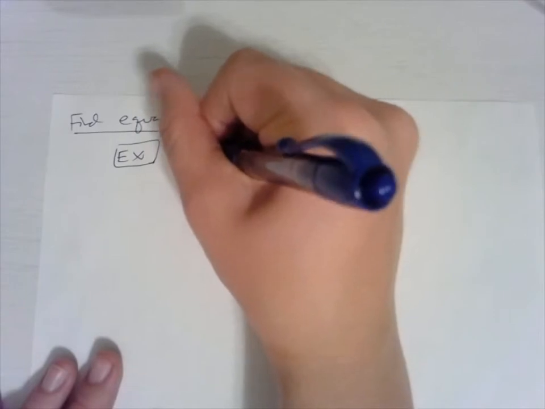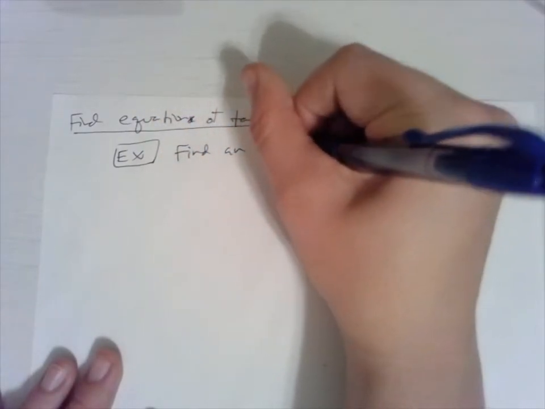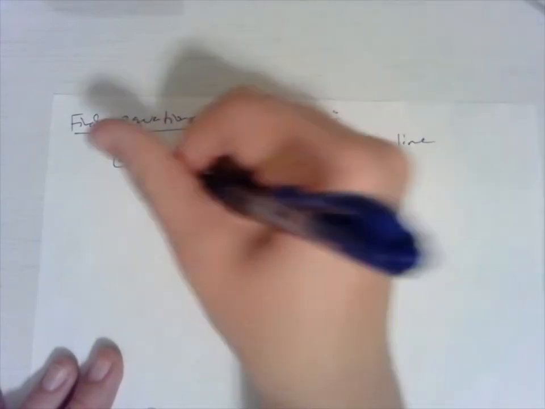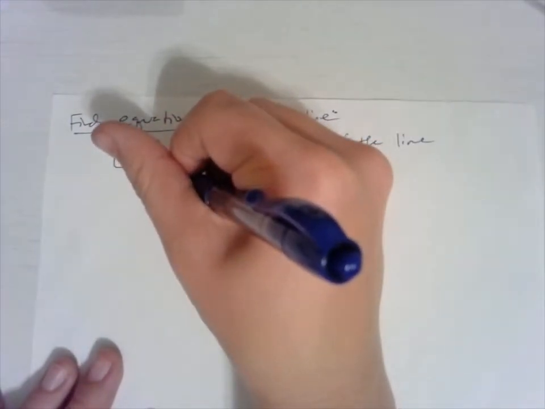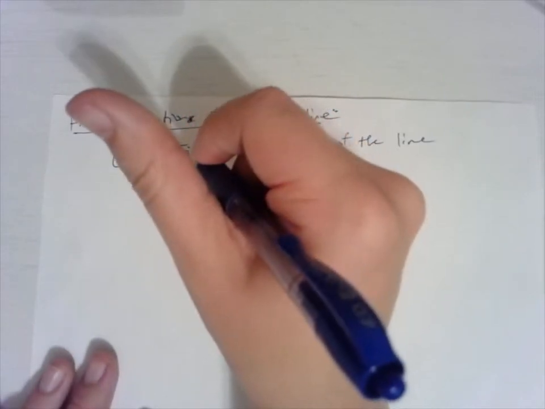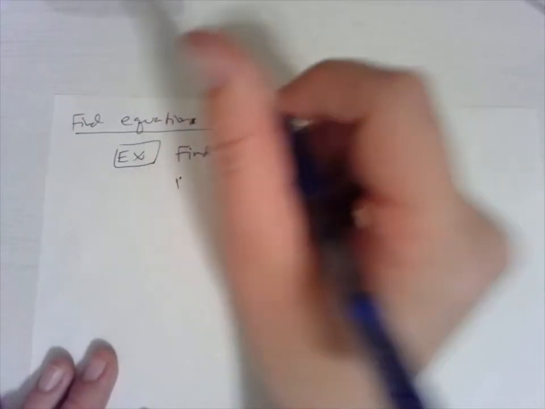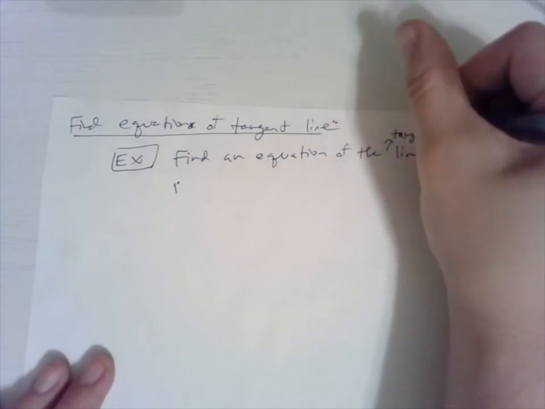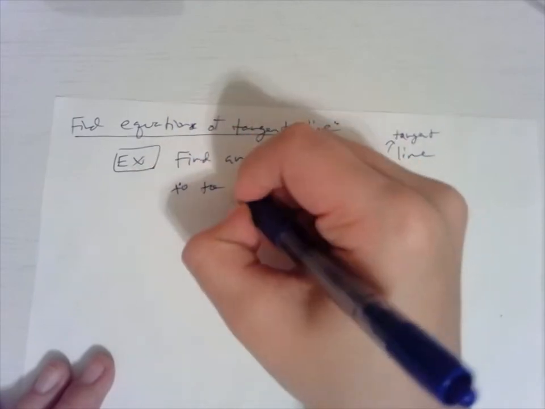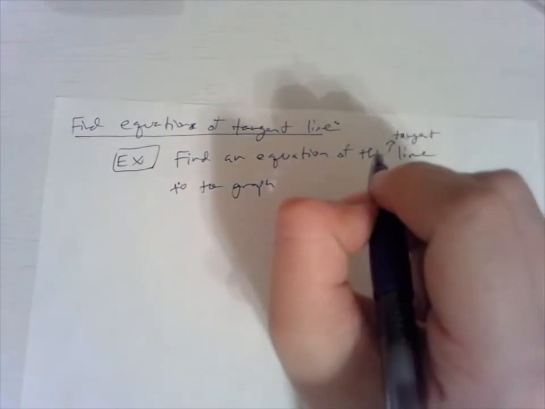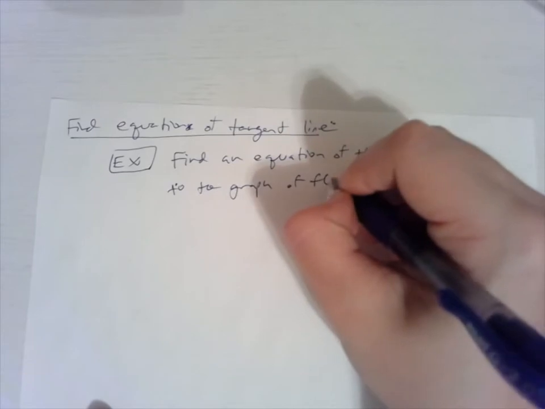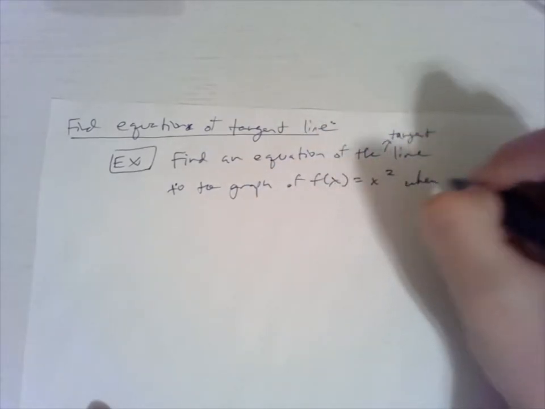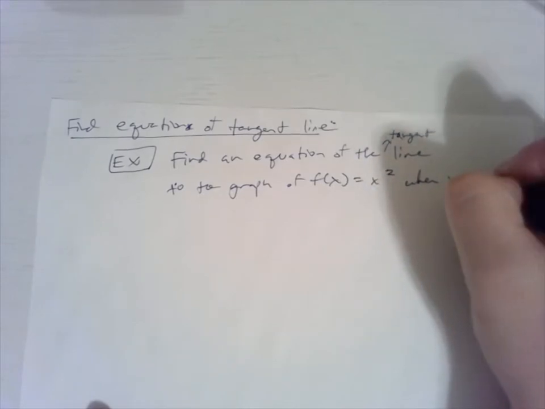Say we're asked to find an equation of the line of the tangent line to the graph of f of x equals x squared when x equals negative 2.